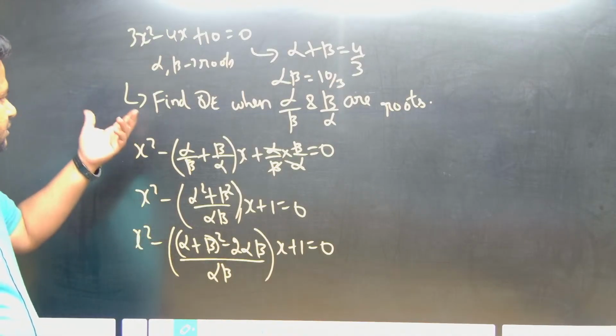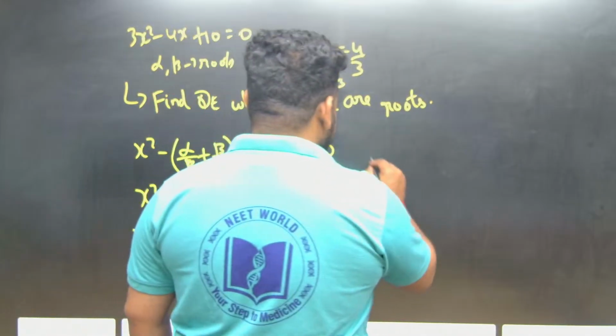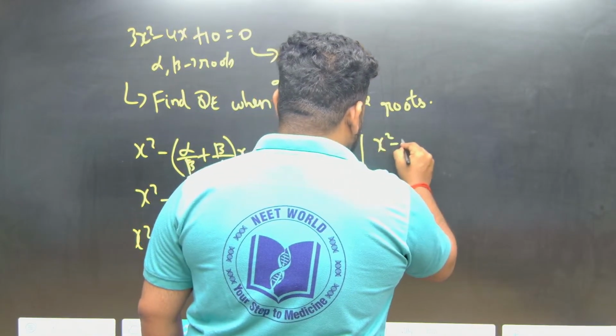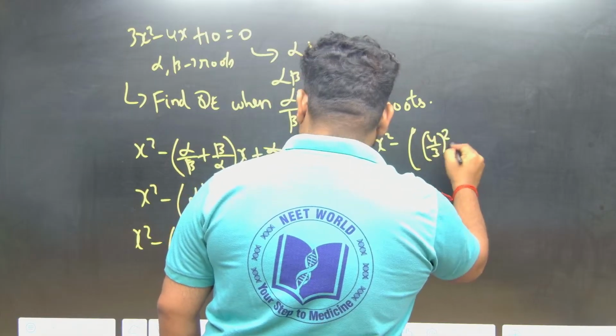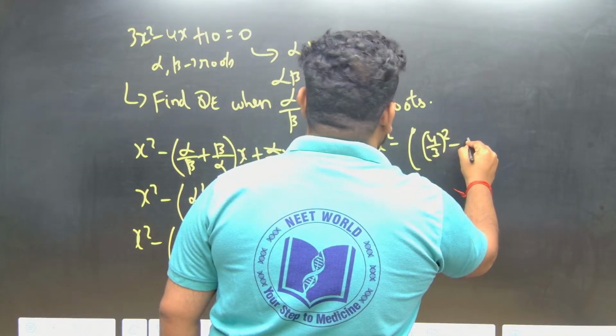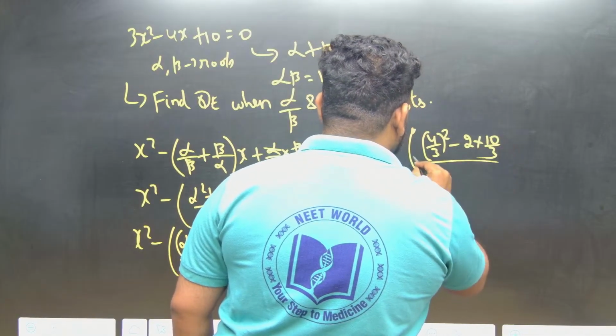Alpha plus beta, what is the value we got? 4 by 3. Just substitute the values. So here I will write x square minus 4 by 3 whole square minus 2 alpha beta, that is 2 into 10 by 3, divided by alpha beta again.